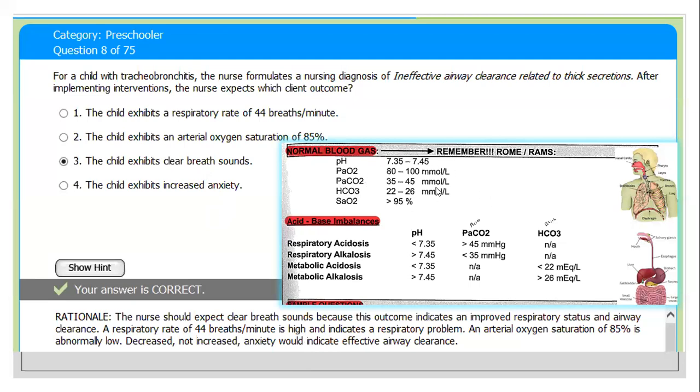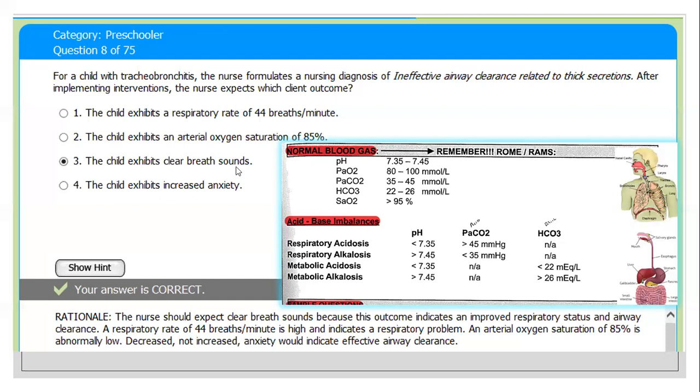Here showing a few normal findings, normal blood gas analysis findings. Normal pH should be 7.35 to 7.45. If pH is less than 7.35, it is acidic. If pH is more than 7.45, it is alkaline. Both are bad.